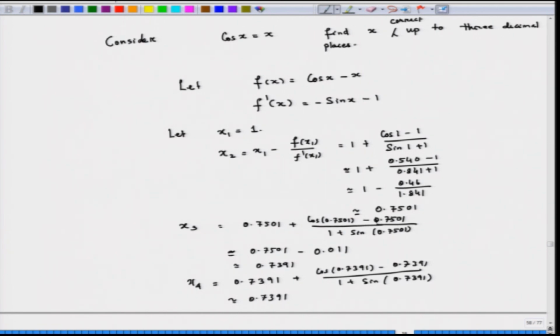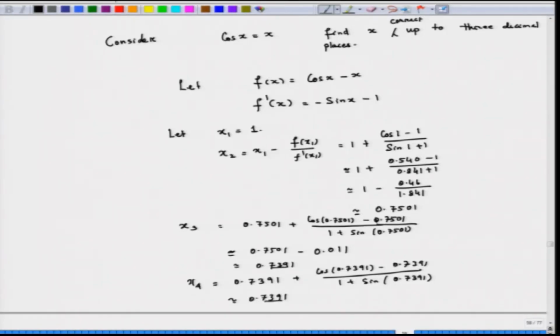So, this is where we are going to stop, because we are interested in finding up to correct 3 decimal places. So, we have got the repetition of 0.739. So, up to 3 decimal places, x having 0.739 is going to be a root of the equation cos x is equal to x.